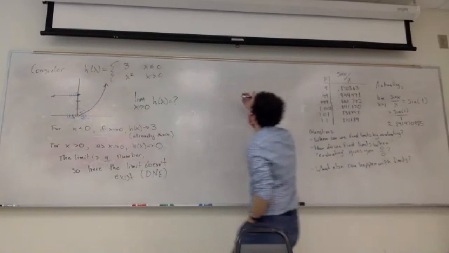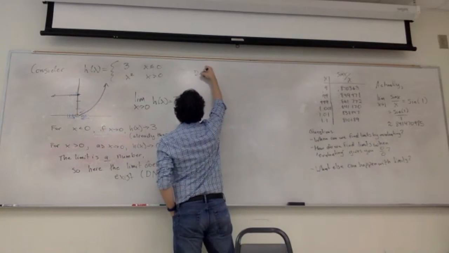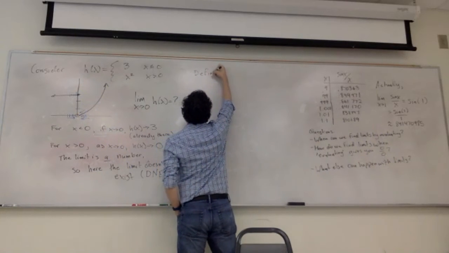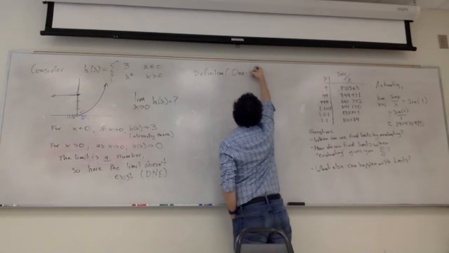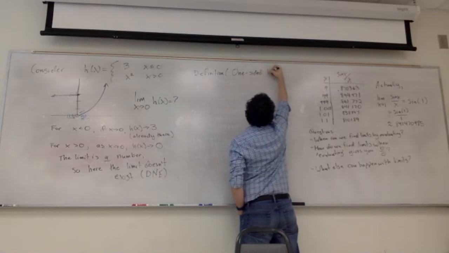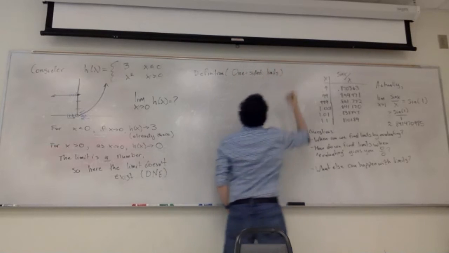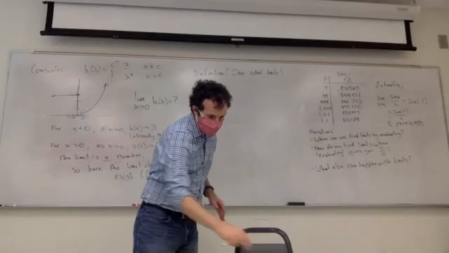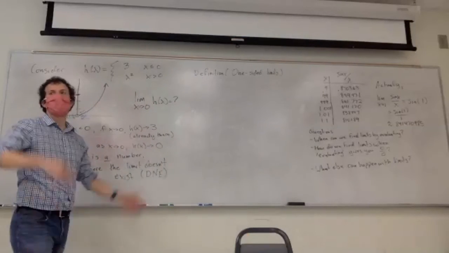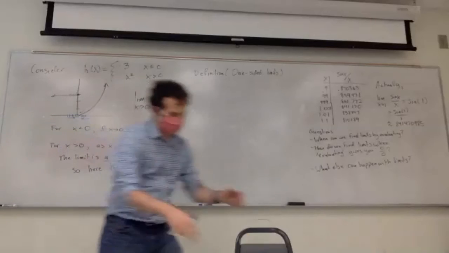So here, we get a well-named definition, which is one-sided limits, which I'll write out carefully, but it's basically just look at one of the two sides.